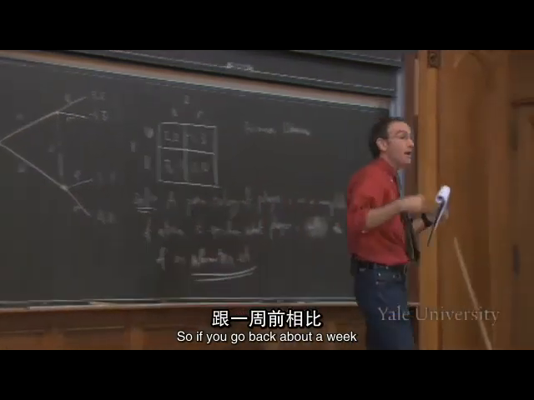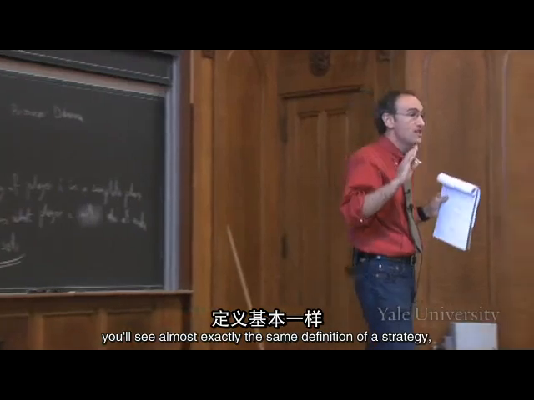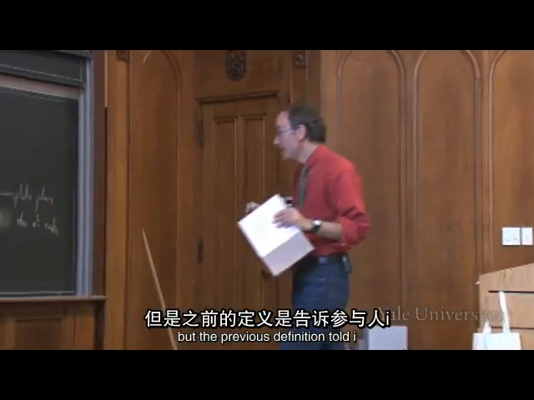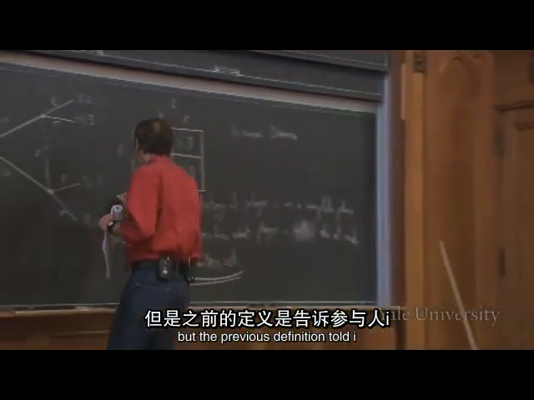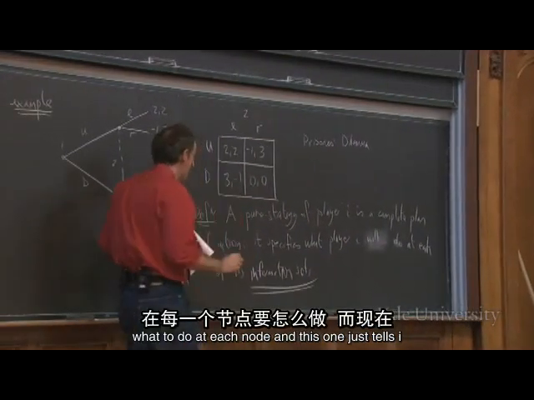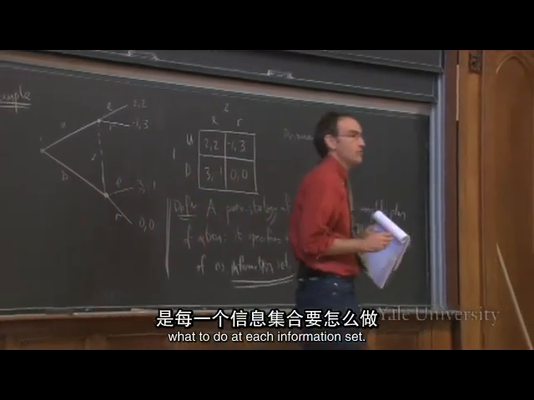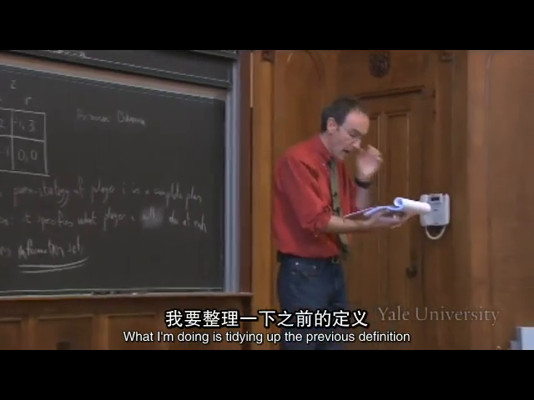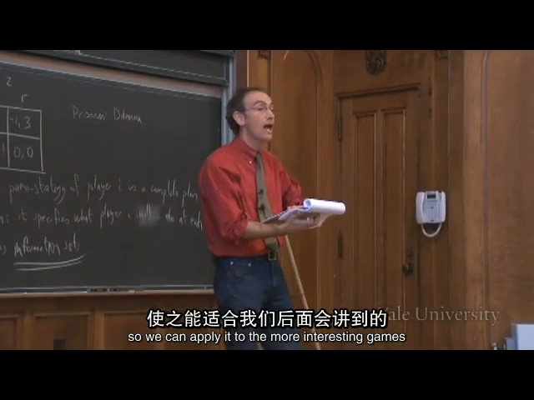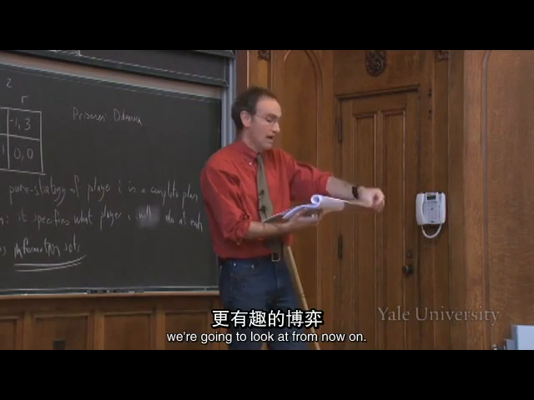If you go back about a week, you'll see almost exactly the same definition of a strategy, but the previous definition told I what to do at each node, and this one just tells I what to do at each information set. All I'm doing is tidying up the previous definition so we can apply it to the more interesting games we're going to look at from now on.